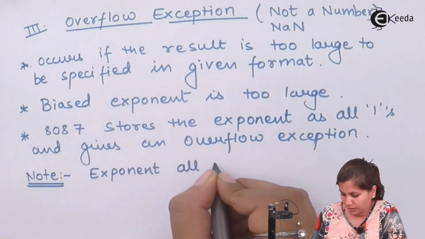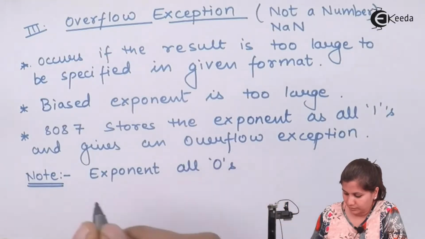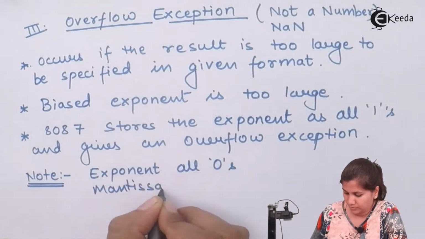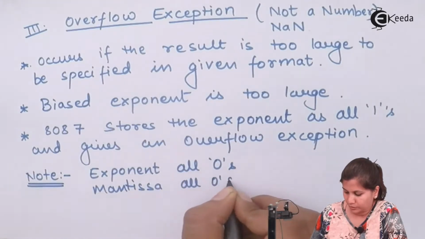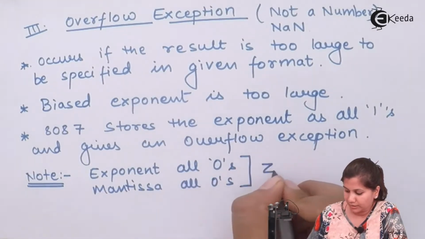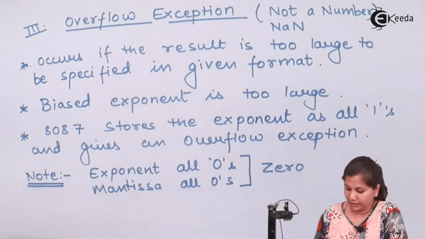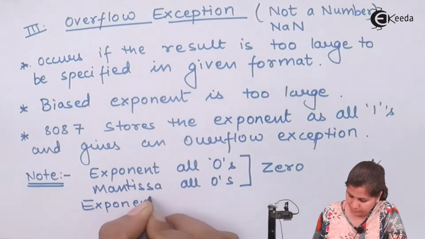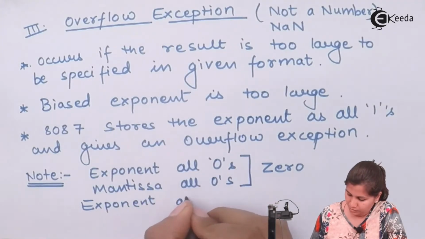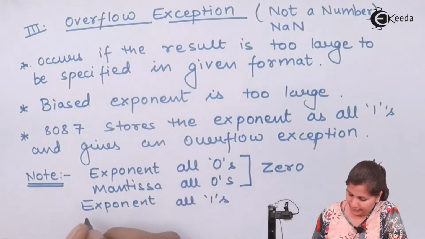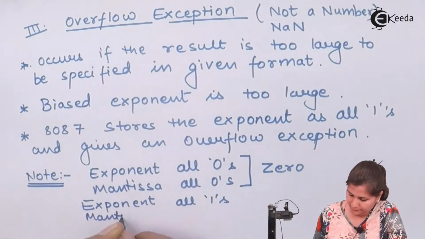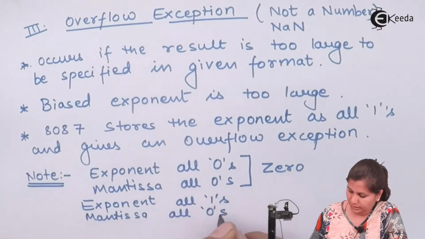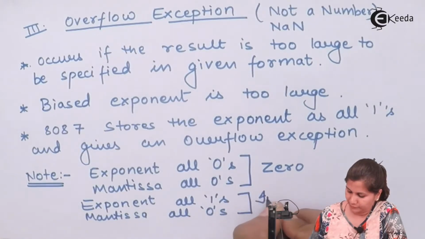Exponent all zeros, mantissa all zeros, that represents a 0. If exponent all ones and mantissa all zeros, then it represents infinity.